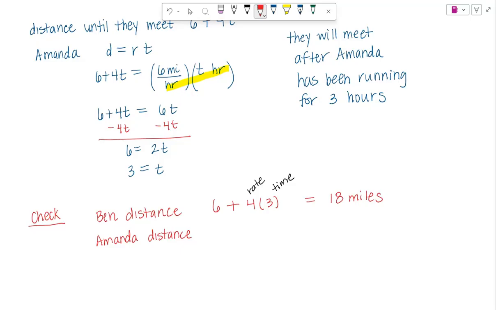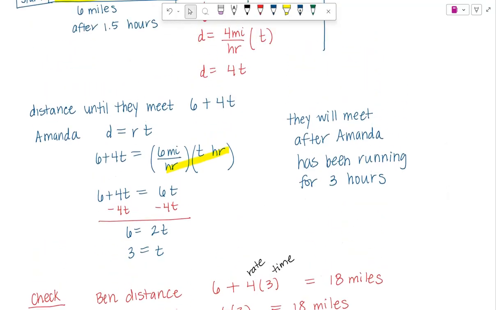She is going to be running at a rate of 6 miles per hour for a total of 3 hours. That's also 18 miles. So again, the thing that we know is going to be the same for them is the distance traveled, and our answer is going to be that they will meet up after Amanda's been running for 3 hours.